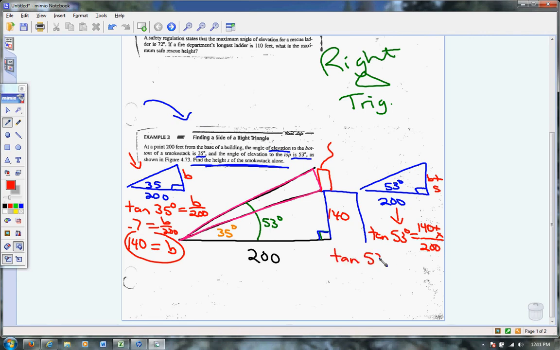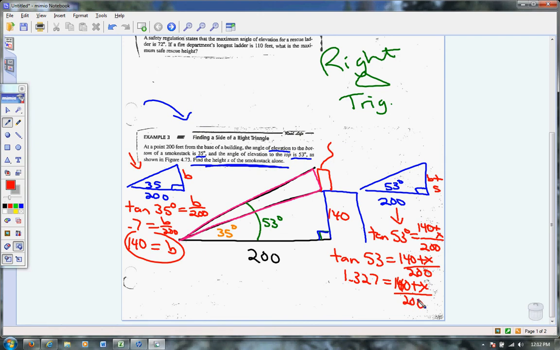The tangent of 53 equals 140 plus X over 200. Okay? So now we have everything we need to finish the problem. I just need to do some algebra. First, the tangent of 53 is a calculator problem. Tangent of 53 is 1.327. That equals 140 plus x over 200.